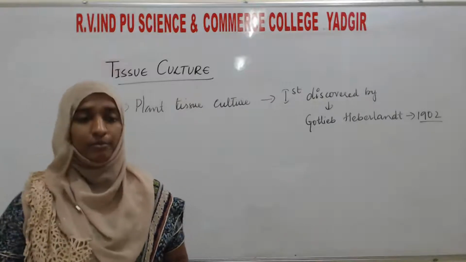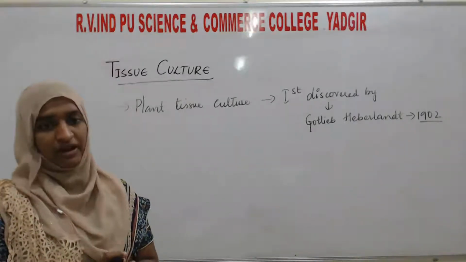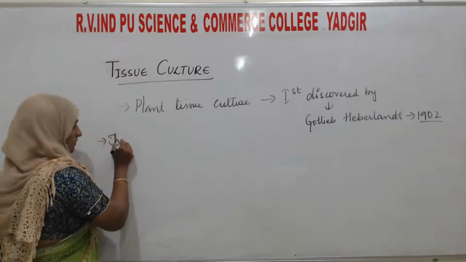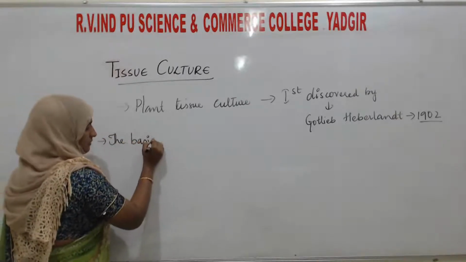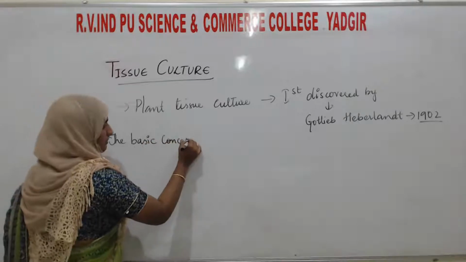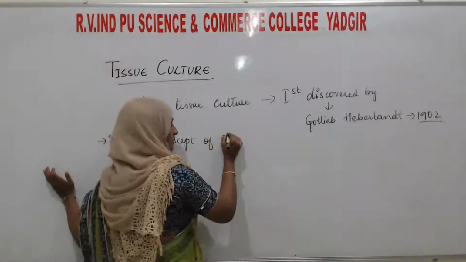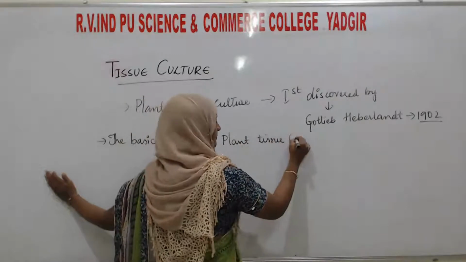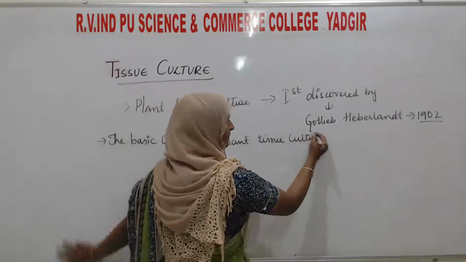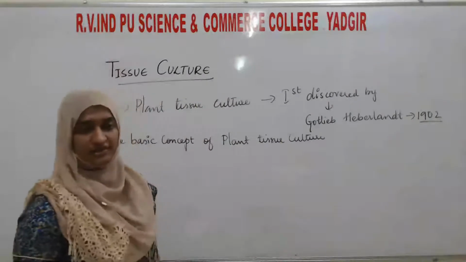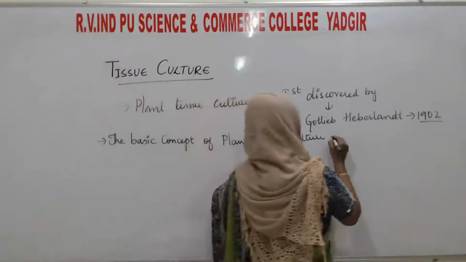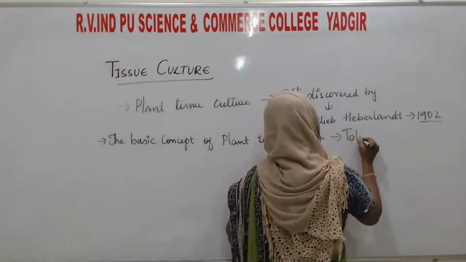So the most basic concept of plant tissue culture is the totipotency of cells.